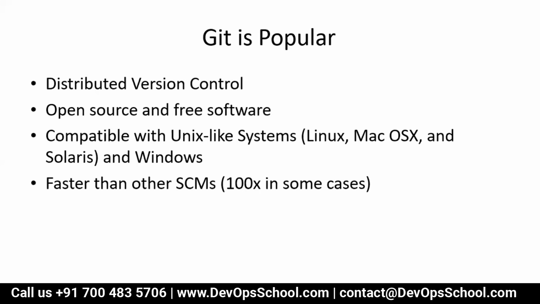Other SCMs means other versioning tools. Sometimes it's 100x faster. So how come it is faster? The answer is hidden in the distributed version control point actually. So we need to understand distributed version control, and then we'll understand the rest of the things.